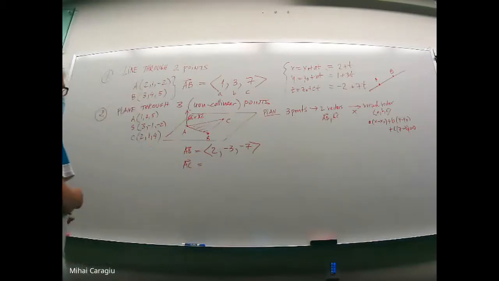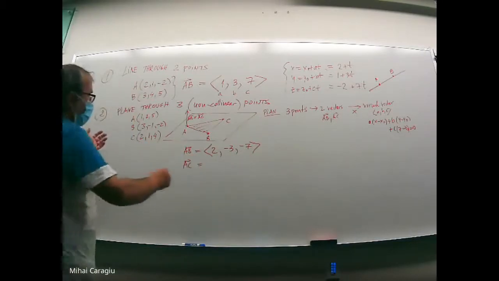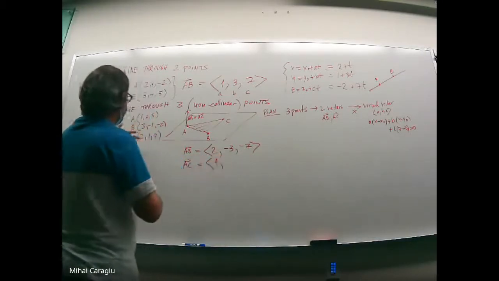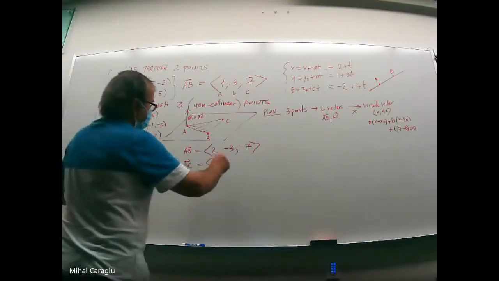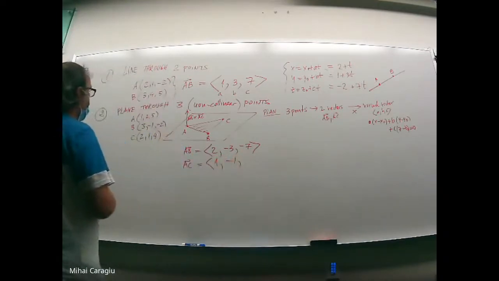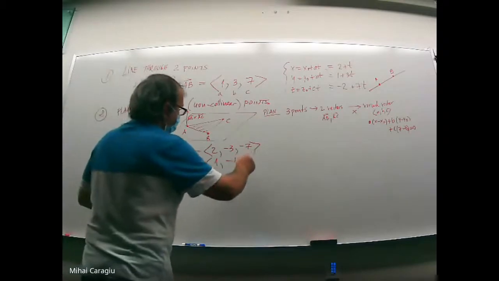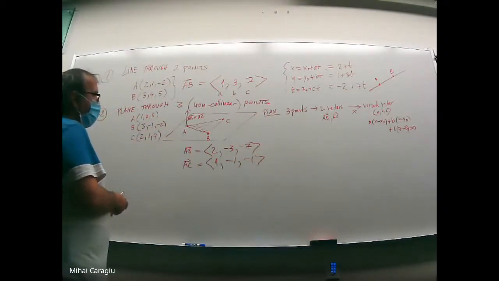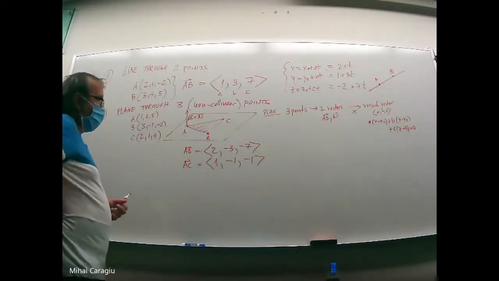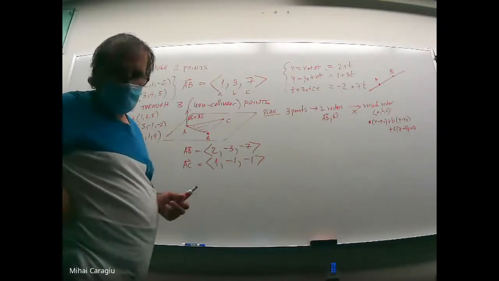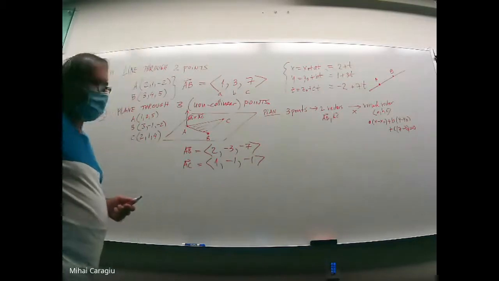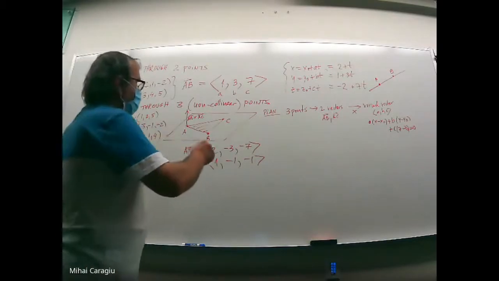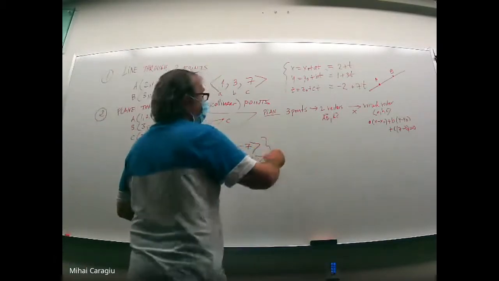AC will be C minus A. So 1, -1, and -1. So (2, -3, -7) is the AB vector, and (1, -1, -1) is the AC vector.